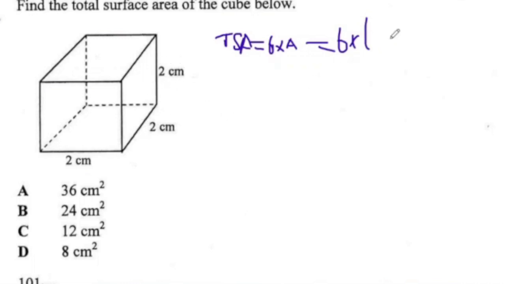Close bracket. 2 times 2 gives us 4, so it's 6 times 4. This 4 is the surface area of one face of the cube. Then 6 times 4 will give us 24.